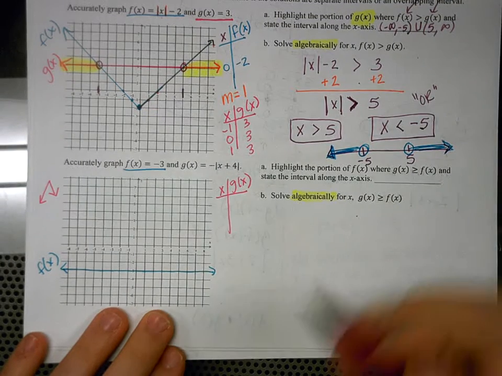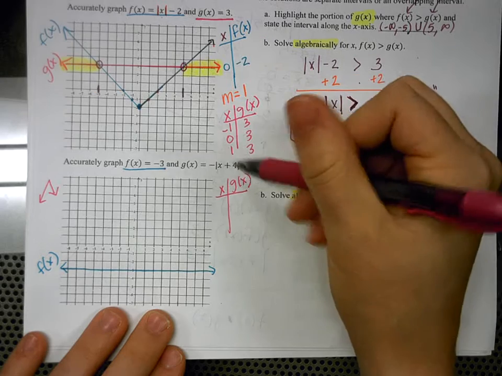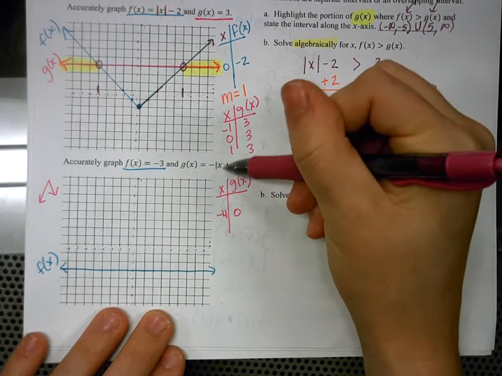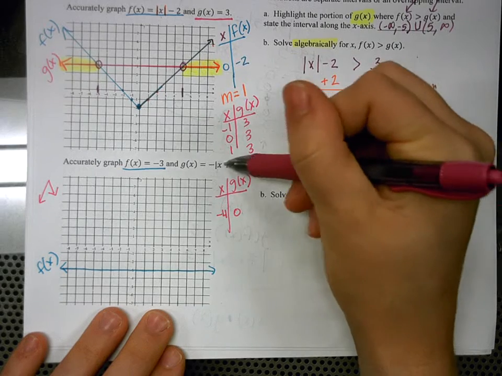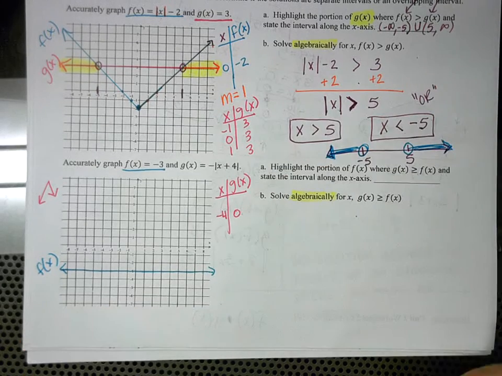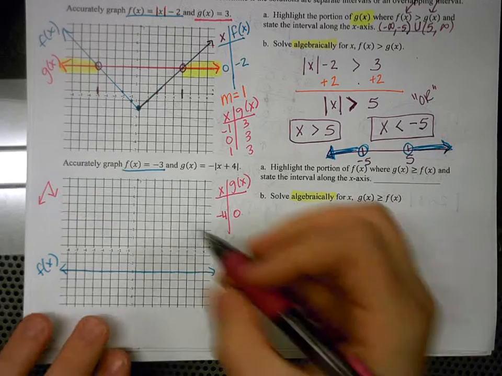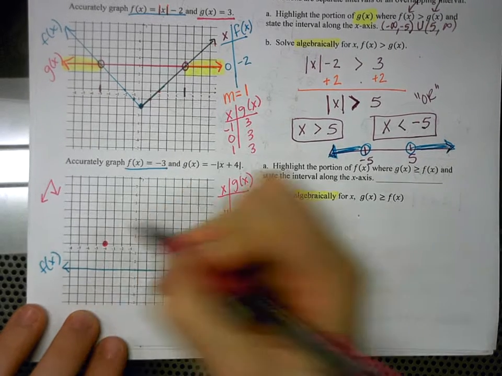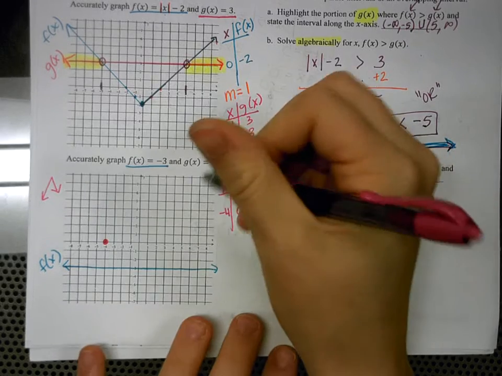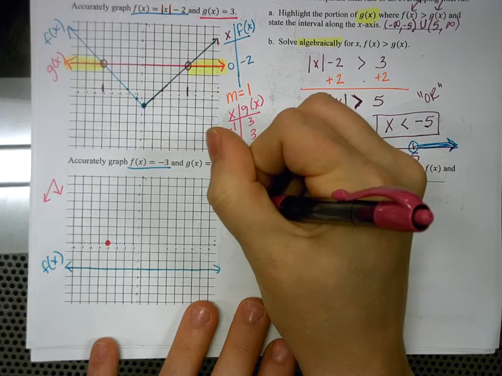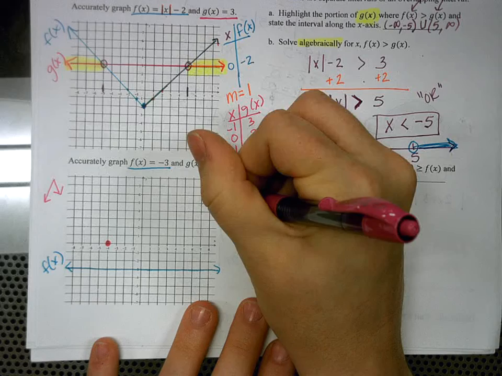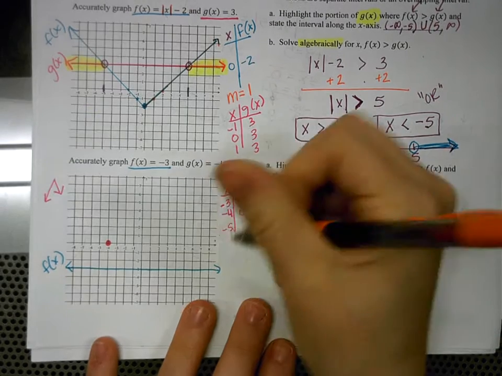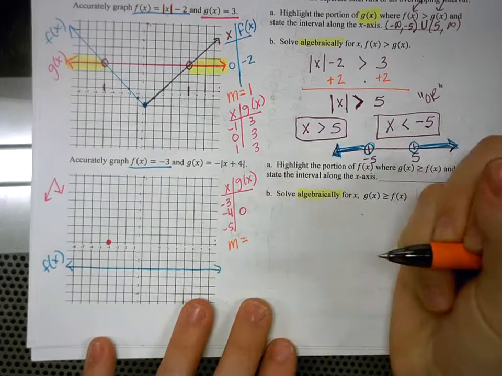Where's the vertex of this function? Negative 4, 0. Good, so if I plug in negative 4 plus 4 is 0. A negative 0 is still 0. So I'm going to go left 4, up 0. Would you like to plug in negative 3 and negative 5, or would you like to use the slope? Slope. What is your slope? Negative 1.